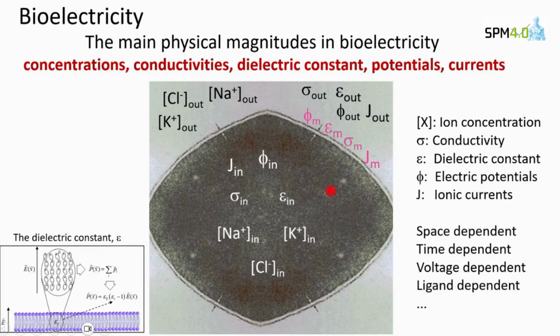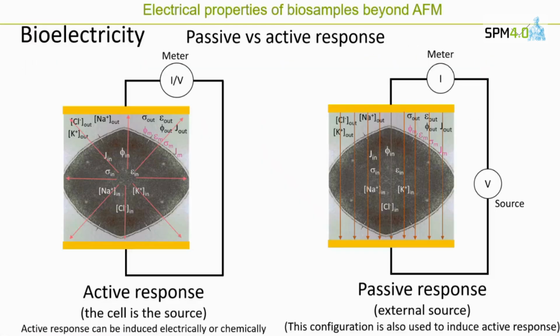Then you have current fluxes, ion fluxes going in and out, and you have electrical potentials inside, outside and at the membrane. These are the physical quantities usually present in bioelectricity phenomena, and these are the ones that the different techniques try to address.